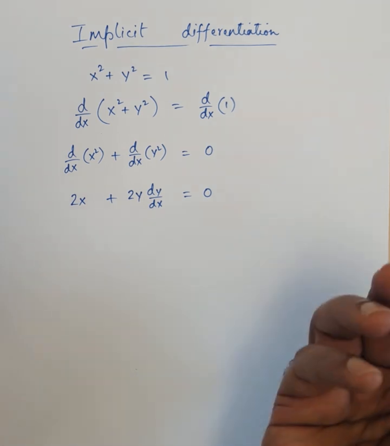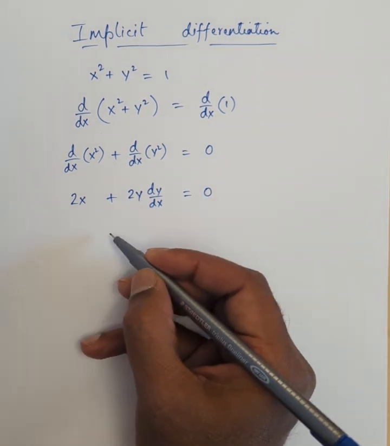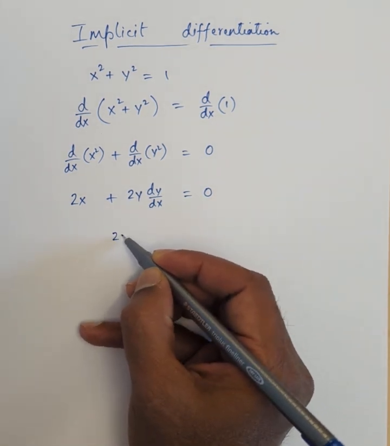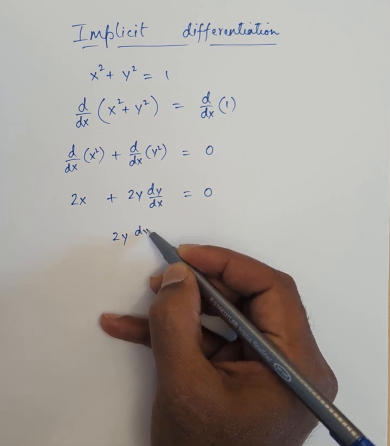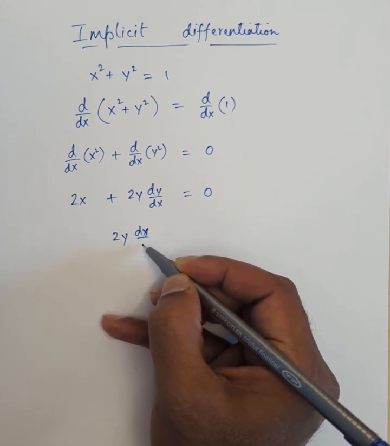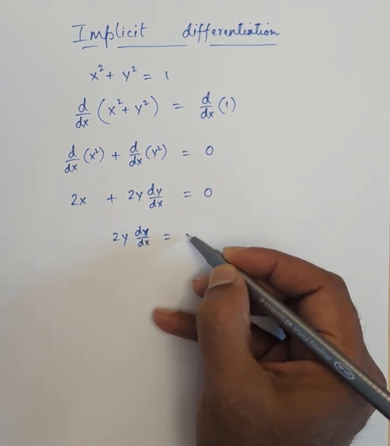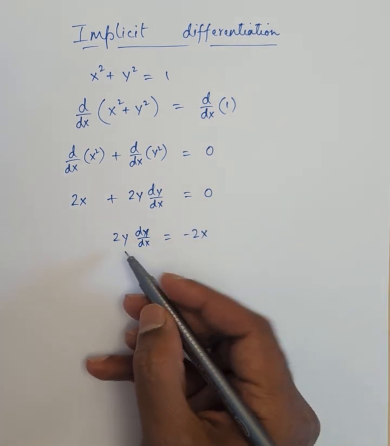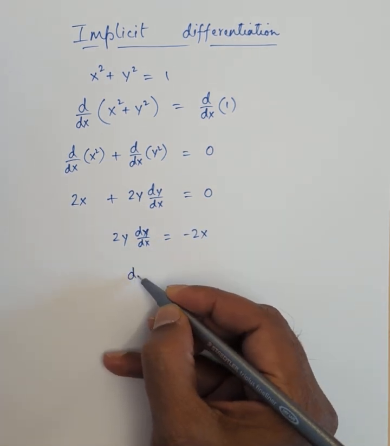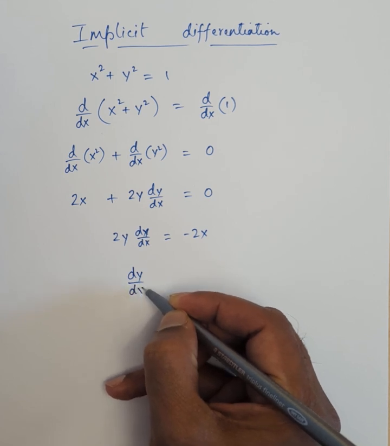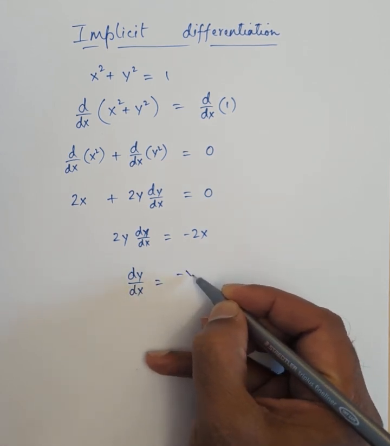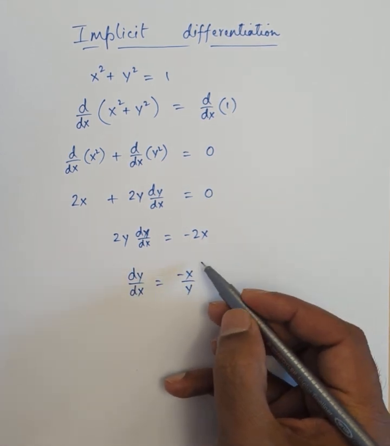We are applying the chain rule. And now we can do the algebra. We subtract 2x from both sides, dy over dx equals negative 2x, and you divide both sides by 2y and simplify, you get dy over dx equals negative x over y.